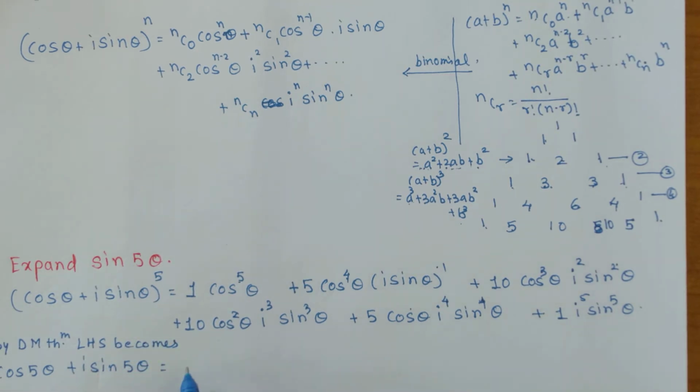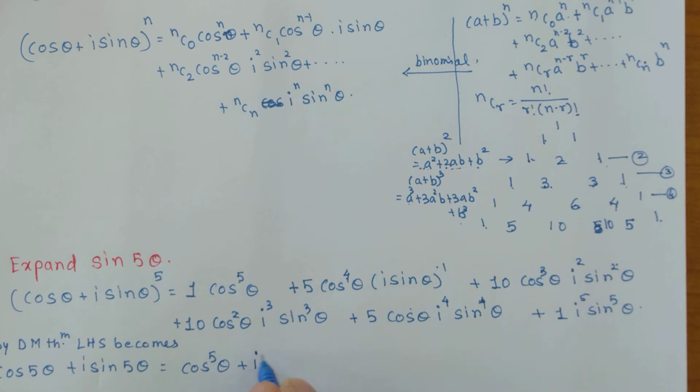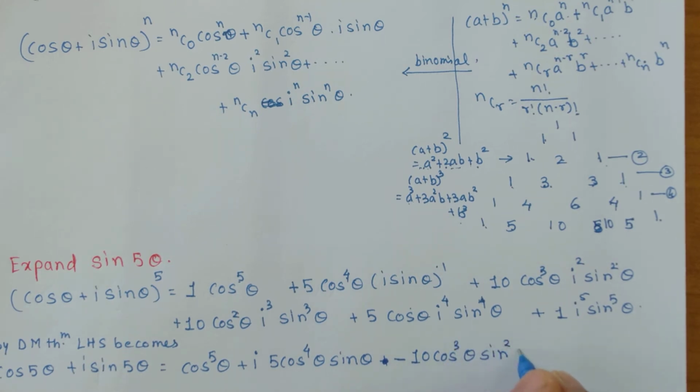Now we'll simplify the right hand side. We have cos raised to 5 theta plus i sin theta raised to 1, so we get i times 5 cos raised to 4 theta sin theta. Plus i square is minus 1, so we get a minus sign here: minus 10 times cos cube theta sin square theta.